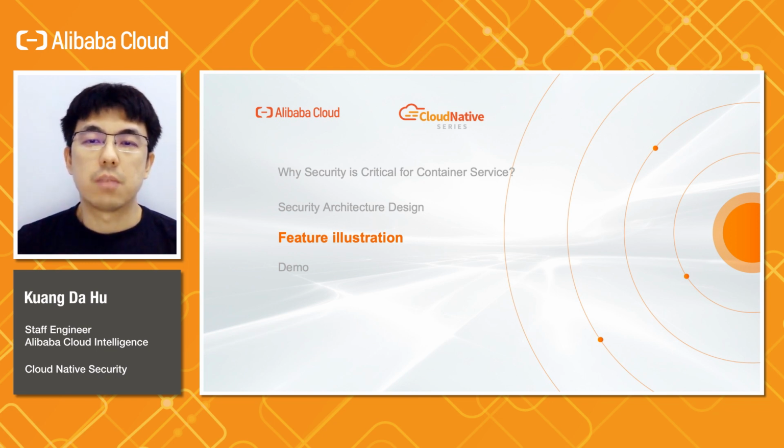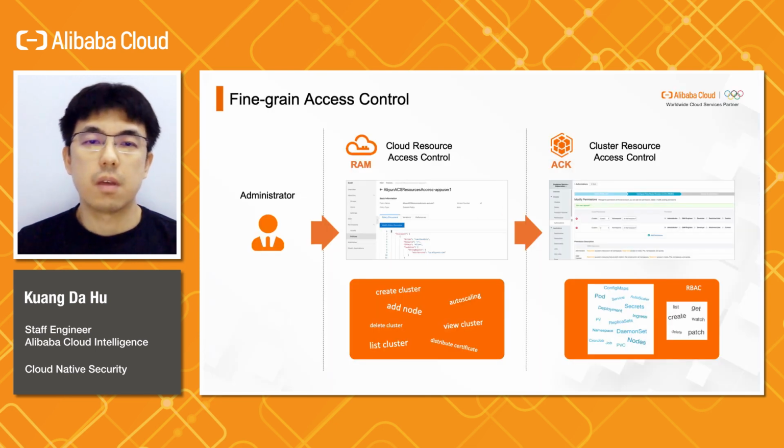Okay, this part is a feature illustration. Let me show some more details on our security features. The first feature is fine-grained access control. We support both access control on cloud resources in the management layer and Kubernetes cluster resource access control in the data layer.